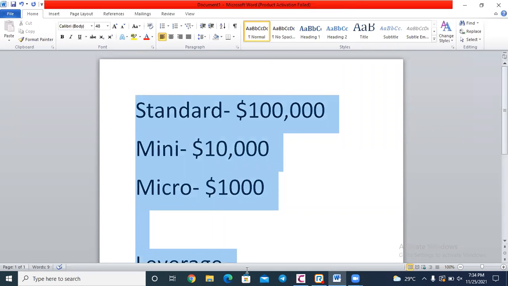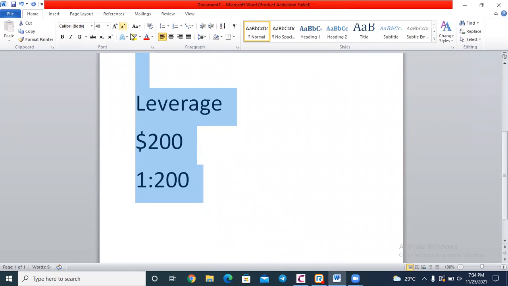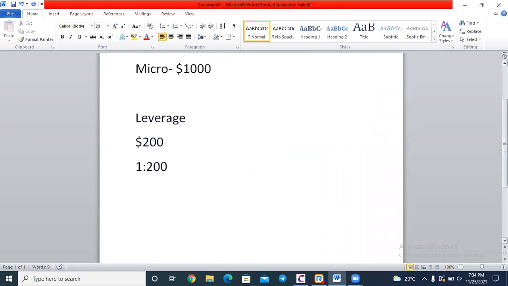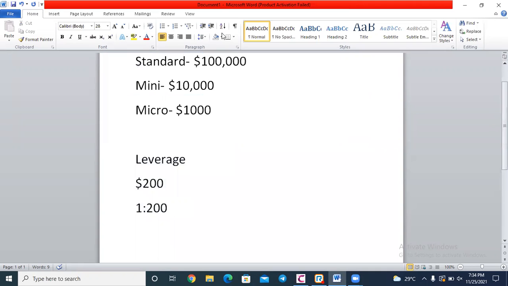If you know it, please type it in the comment space. Does anyone know the leverage? I want to operate a mini account, but what I have is $200.